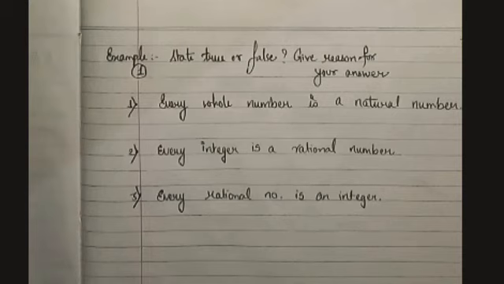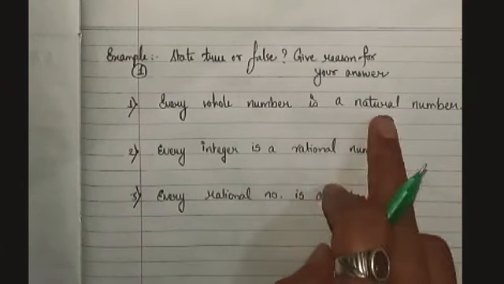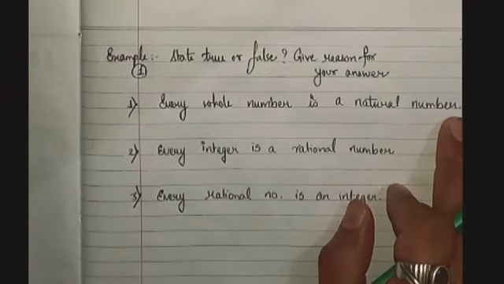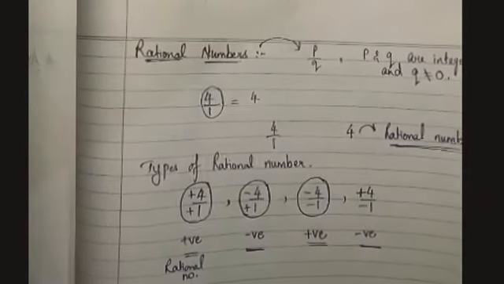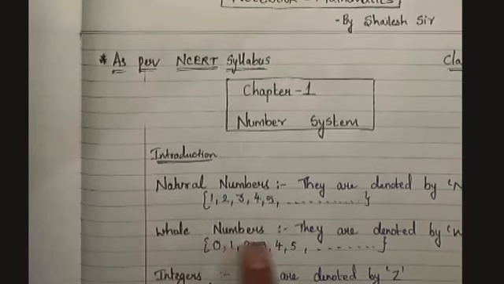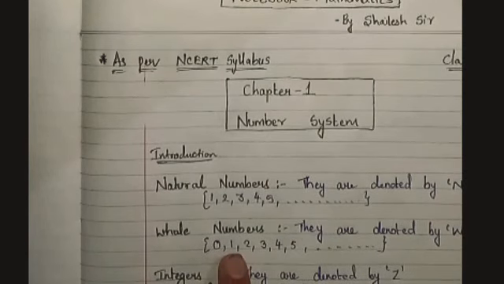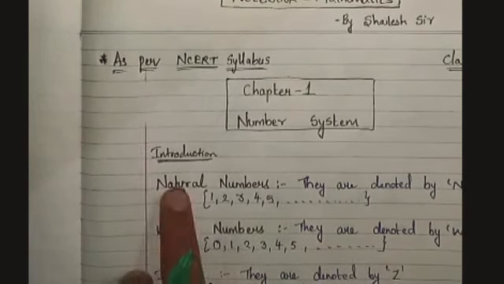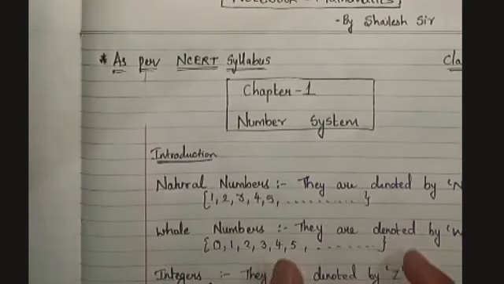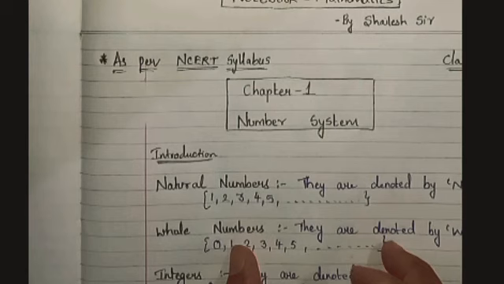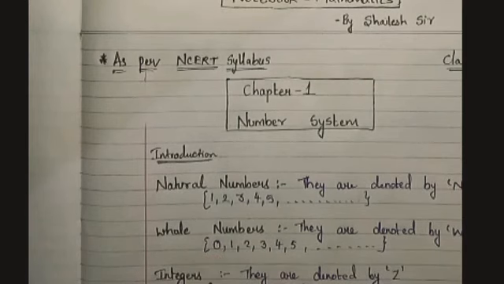This is the question, example 1, which is given in our NCERT textbook. State true or false and give reason for your answer. Every whole number is a natural number. So as we have seen already in our previous explanation, whole numbers are a set of numbers which contains 0 and all the numbers which are already there in the natural numbers. It means all natural numbers are already present in the whole numbers other than 0.